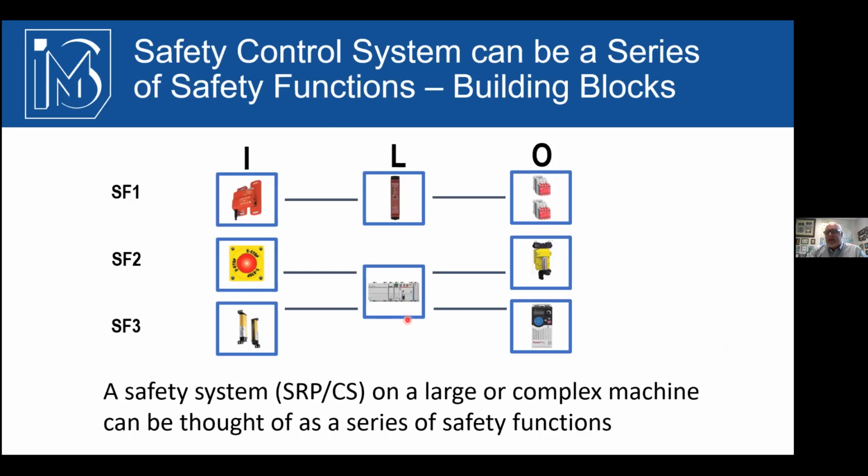But a lot of times today, if it's a new system or a retrofit, a safety rated PLC will be installed in there. And the whole control system is made up of a series of safety functions. So these are the elements that would be defined. These are the elements in which we're talking about the engineered control systems and control solutions, risk reduction measures. These safety functions are what we're talking about.